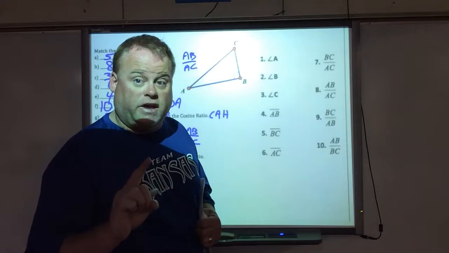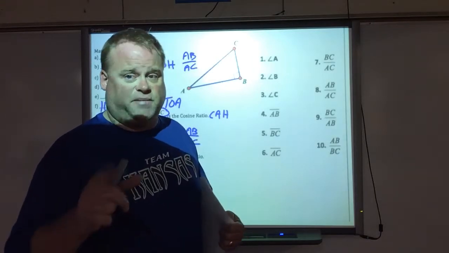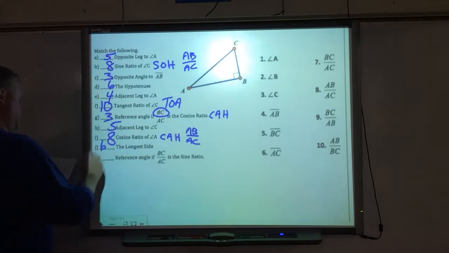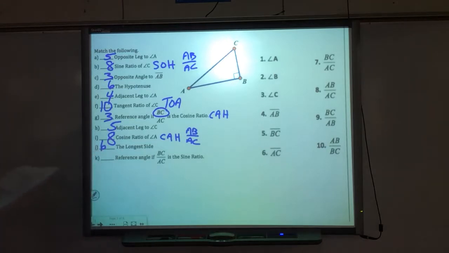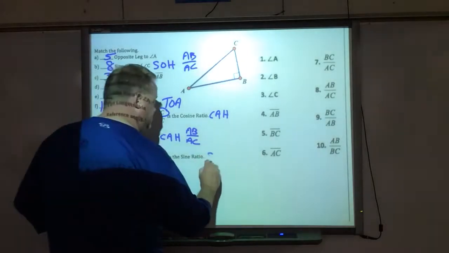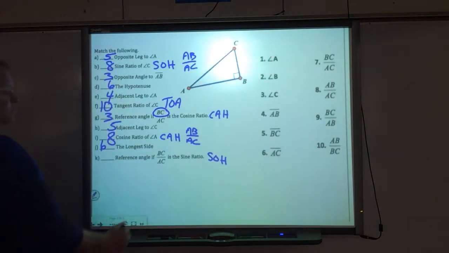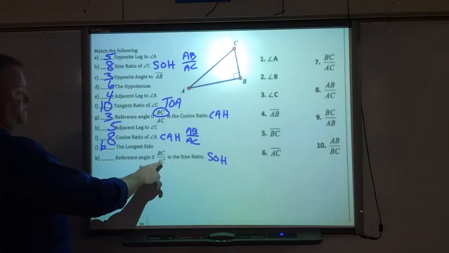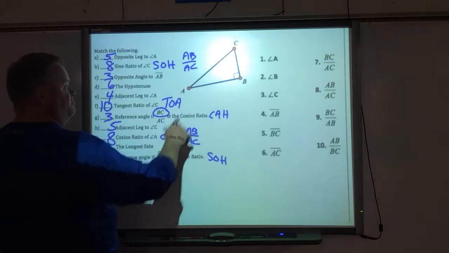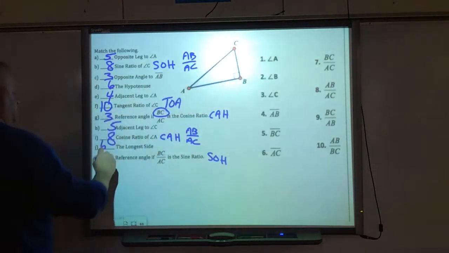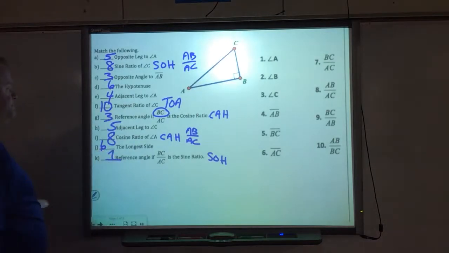Not the long leg, but the longest side. It's the hypotenuse. That should be 6. And then last but not least, if BC is the sine ratio, sine is SOH, so I want opposite over adjacent. If BC is the opposite, it's got to be angle A, which is number 1.